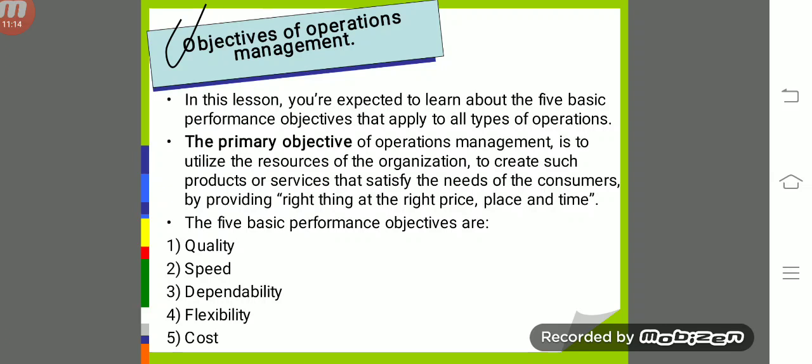For example, if we want to produce a biscuit, first we need raw material, and to turn the raw material into finished goods we require 5 machineries, or at least 3, and all the machineries depend on each other. For example, if we are converting our raw material into finished goods, we require 3 machineries. The first machinery will manage the raw material, like mixing the sugar and maida, etc.